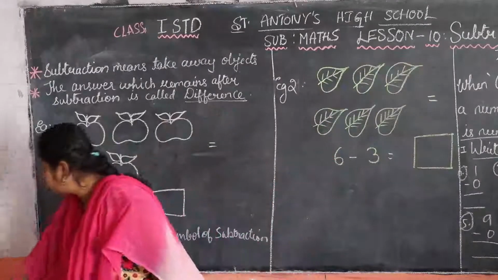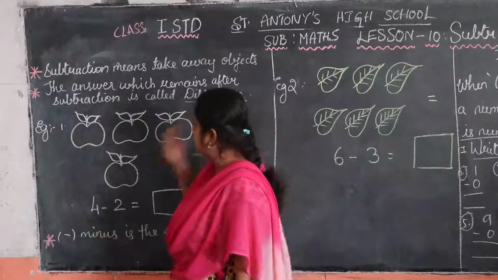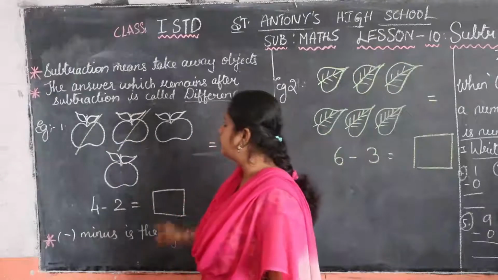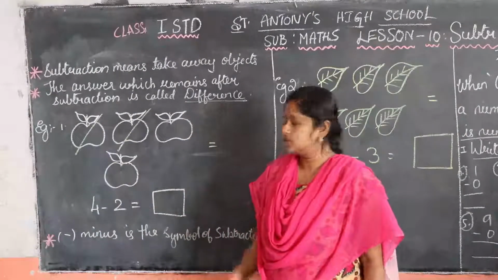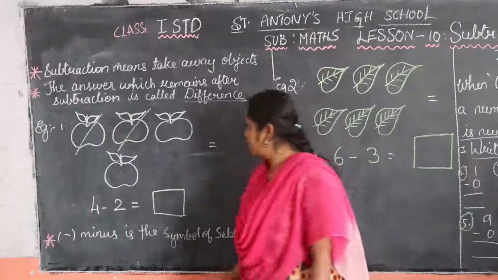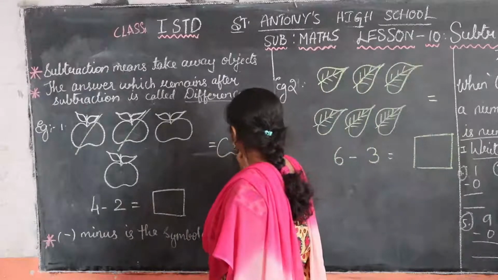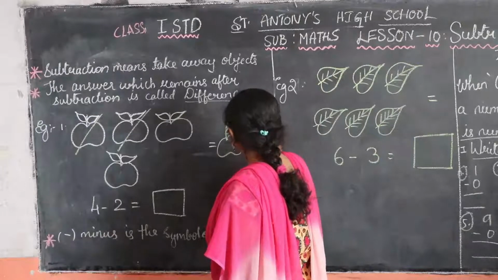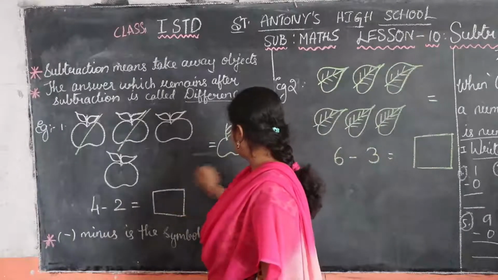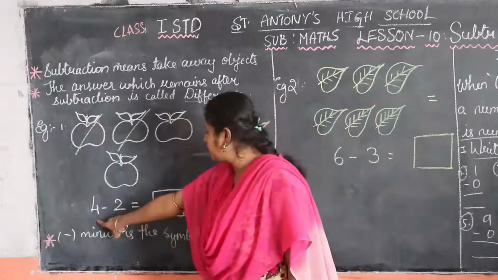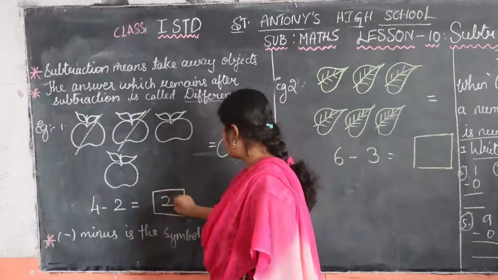So you have to cancel 1, 2. So how much remains, children? 2 apples have remained. So we have to draw here 2 apples. And 4 minus 2 is 2.